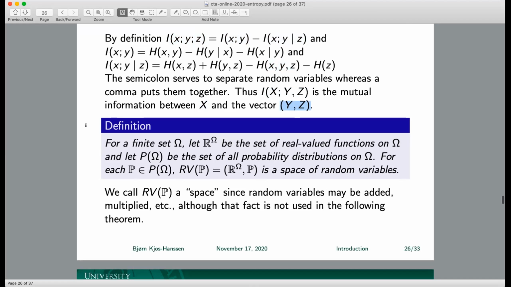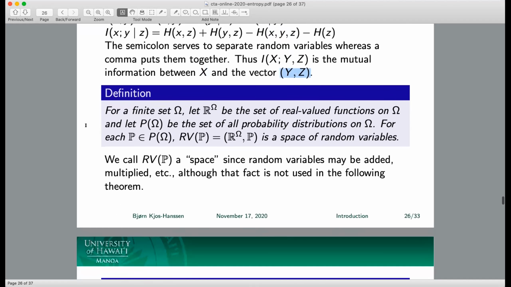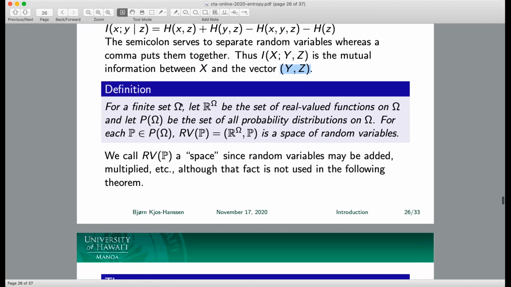So what's going on with this entropy is like this. Suppose you just have a finite set. We're not talking about infinite sets here. The random variables are real valued, but it's all on the finite set, which is basically the bits or the possible outcomes. So if we consider R to the omega to be all the real valued functions, we want real valued random variables on this set. That's just a set theoretic thing.